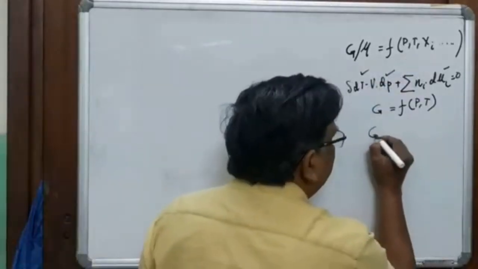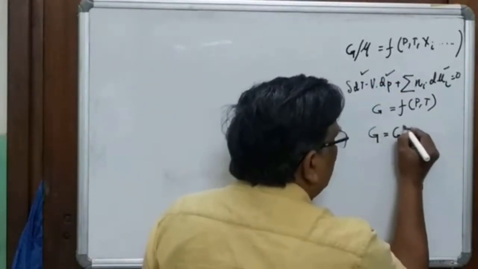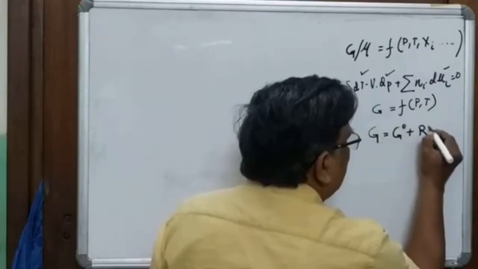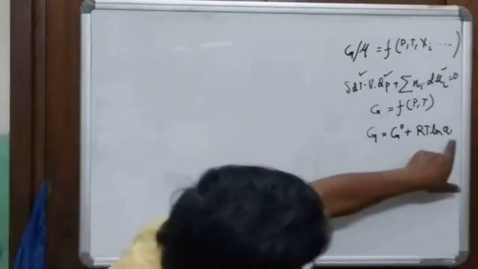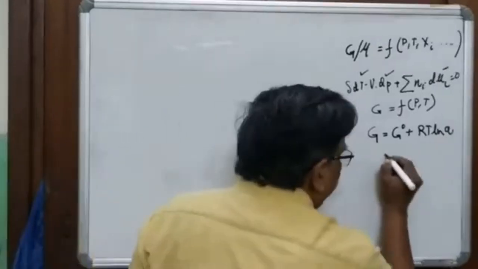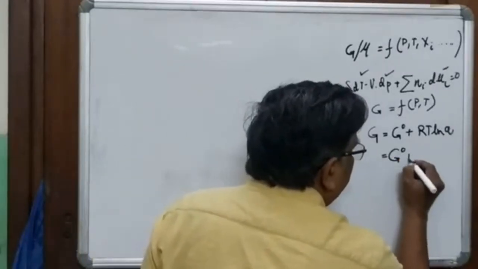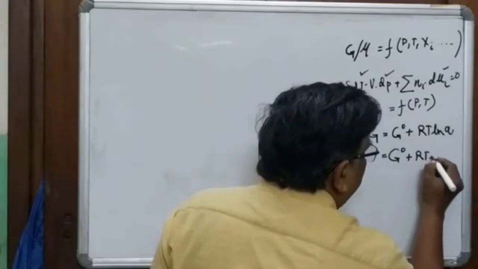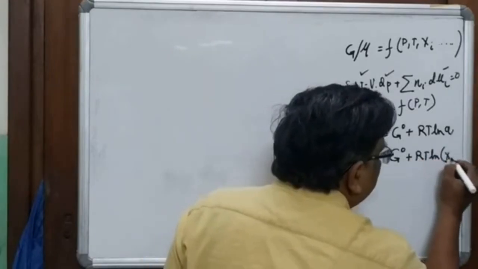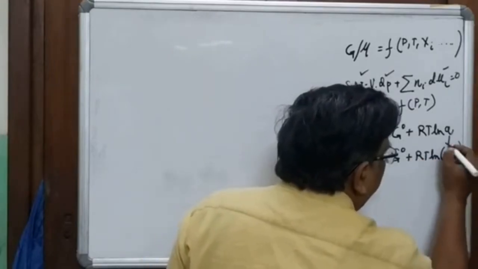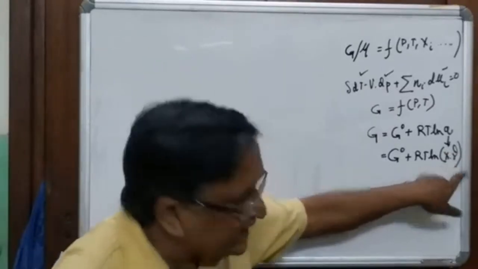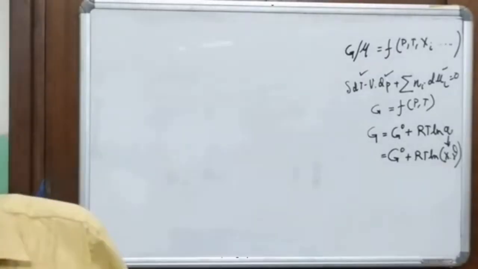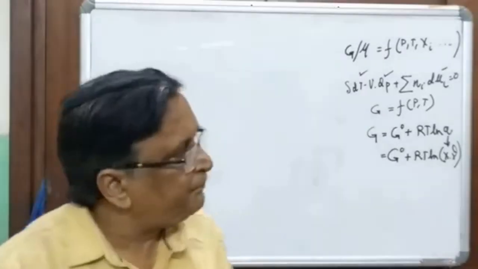Written in terms of an equation, G is equal to G0 plus RT ln activity. This is where the compositional term comes in. We will do this later in great detail. It's called plus RT ln x into gamma term, where a is equal to x into gamma, where x is the mole fraction and gamma is the activity coefficient. We will come to this very soon.